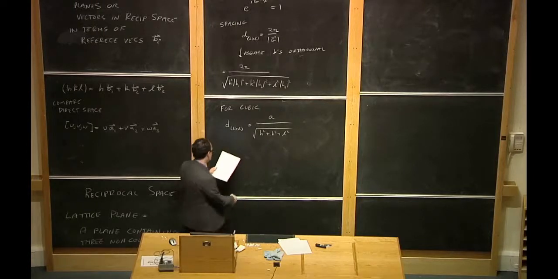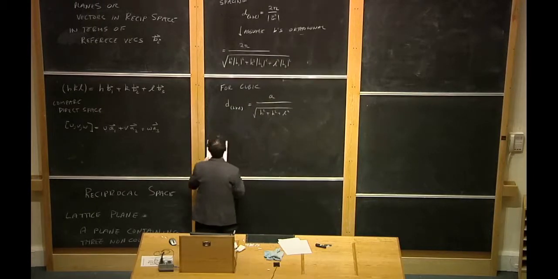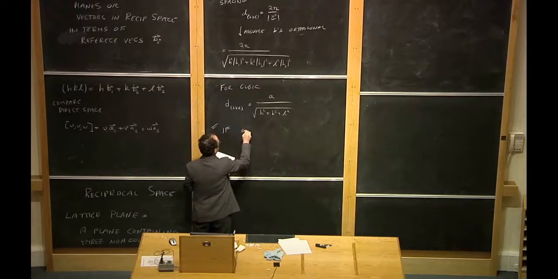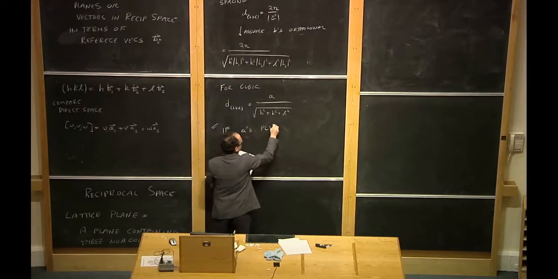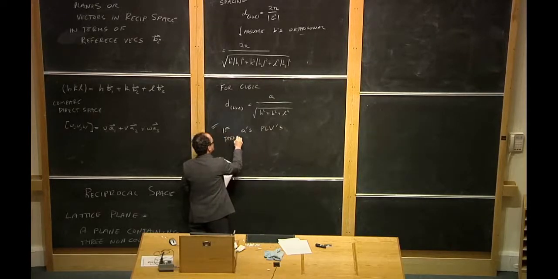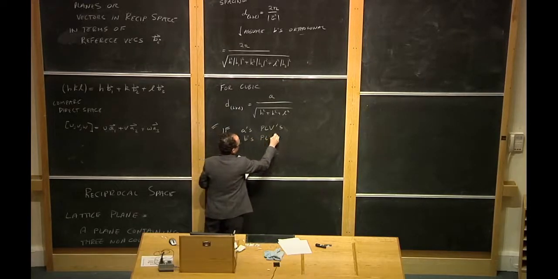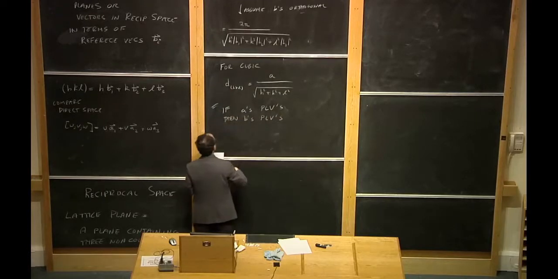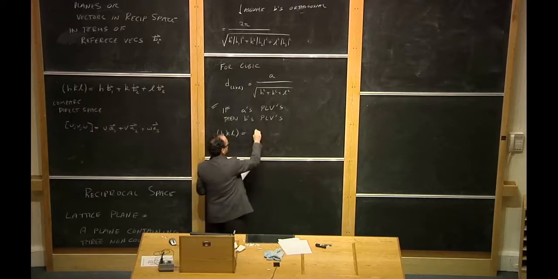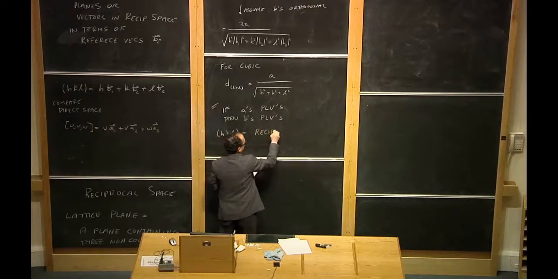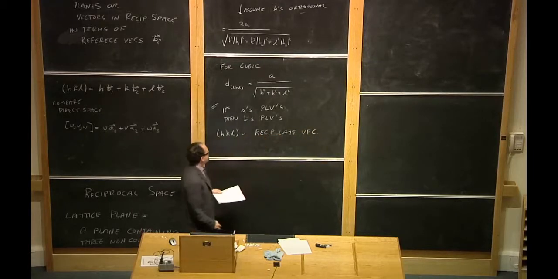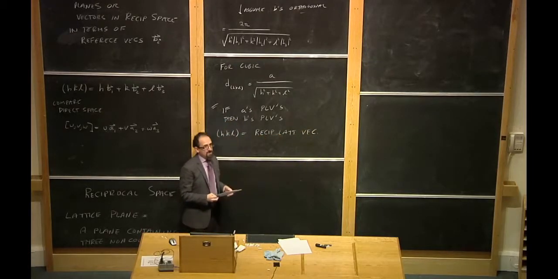And I'll note this one more time: if the A's are PLVs, then the B's are PLVs, and that means HKL is a reciprocal lattice vector. But it's not always the case if the A's are not PLVs to start with.